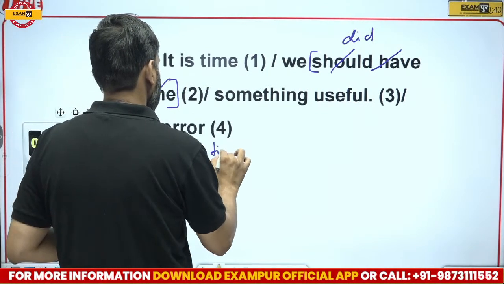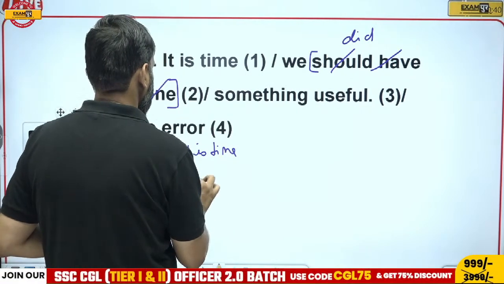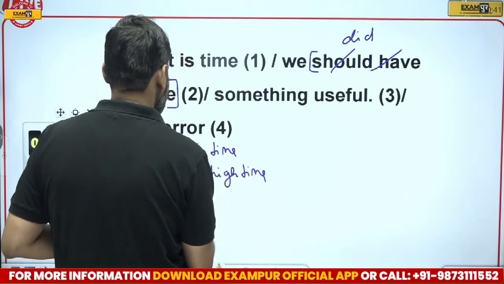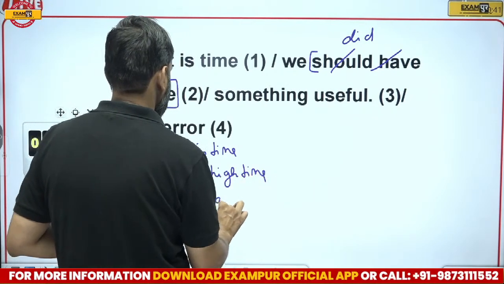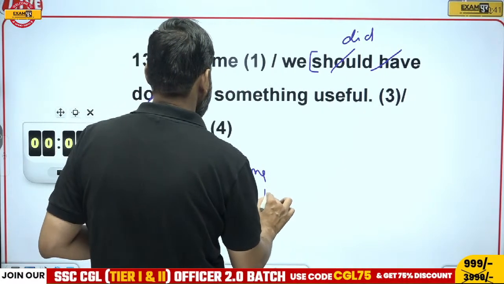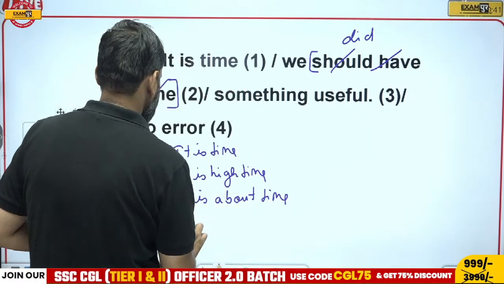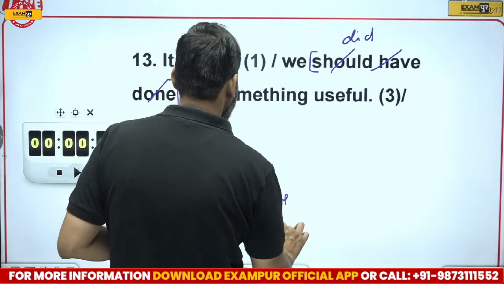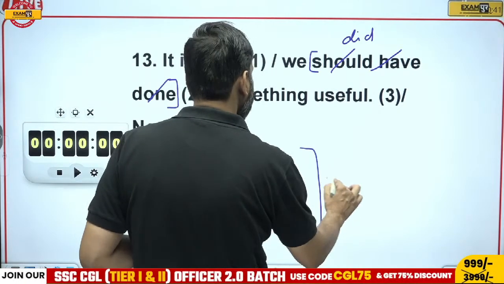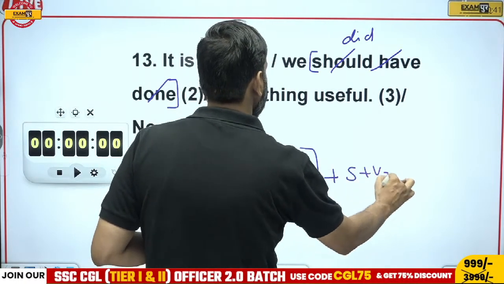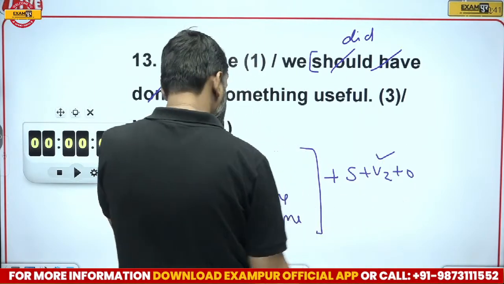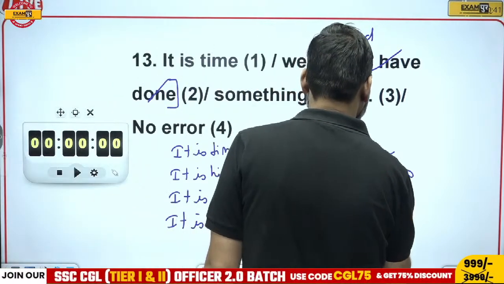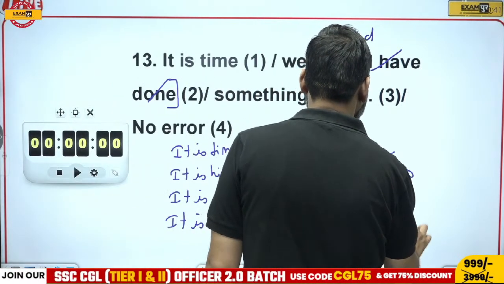Should have done will be replaced by did, because it is time, or it is high time, or it is about time, or it is the same time. With these phrases, we use the second form of verb, or to plus V1.